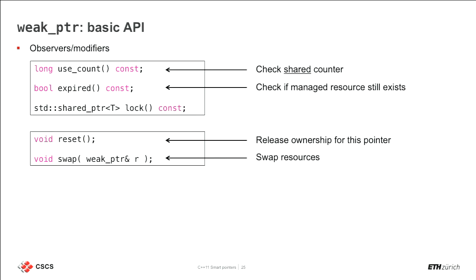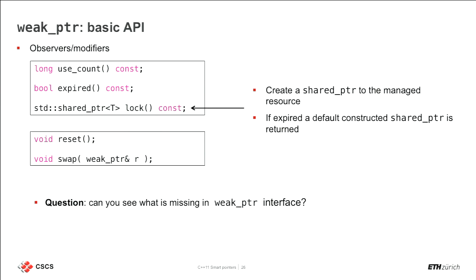Here you don't have the dereferencing operator or the arrow operator. So this is quite interesting, because you have an object that is pointing to something when it is still valid, but you cannot use it to access what it is pointing to.